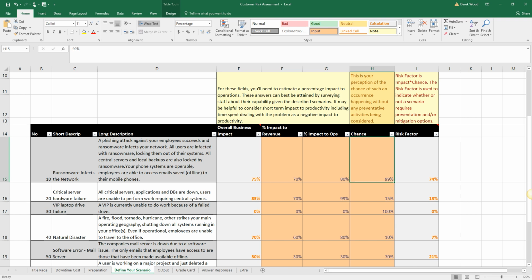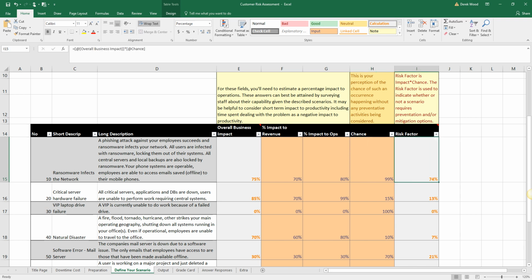So even if they answered yes to the prevention questions, you don't yet calculate those in. So the idea here is we want to see the percentage chance if we do absolutely nothing. No antivirus, no user training, no backups, everything. And then part of the output is that you adjust the chance based on their preventative measures.